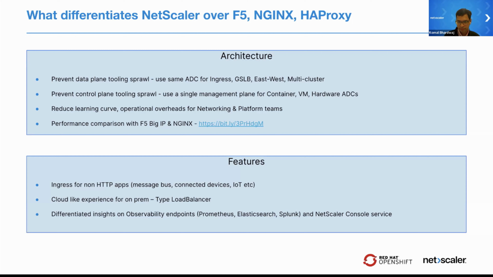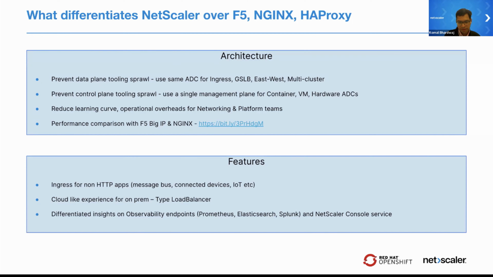With NetScaler, it's the same experience, whether you're using an external load balancer or an internal Ingress proxy. The way you configure, secure, download the images, and license these is absolutely homogeneous. So once you standardize on NetScaler, you do not have to go to any other proxy to serve your ADC needs.